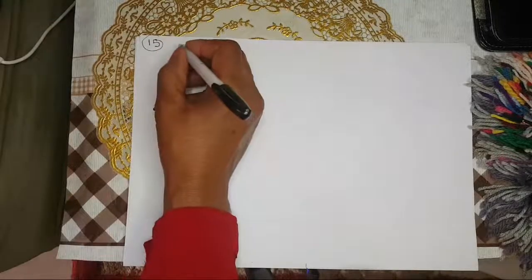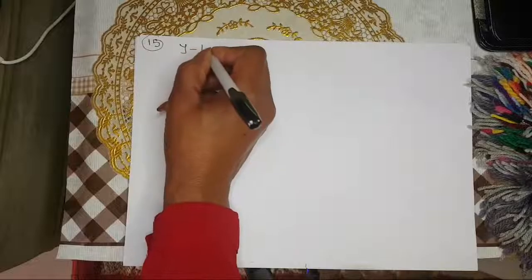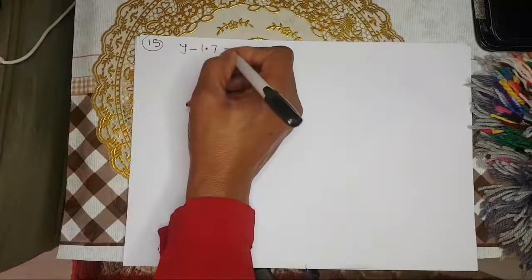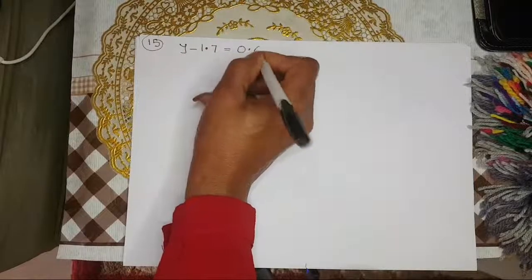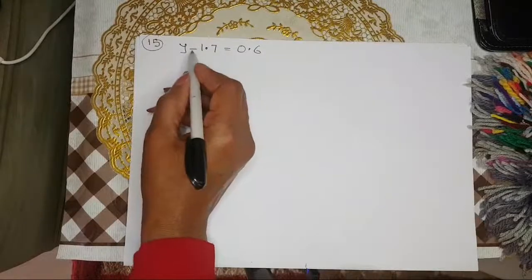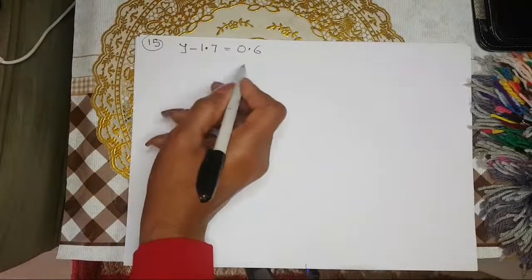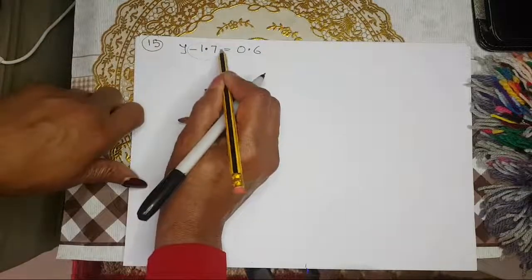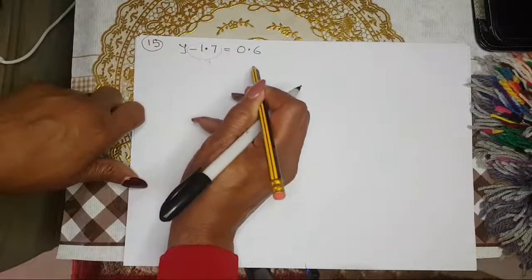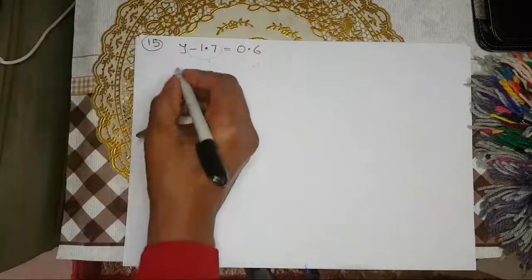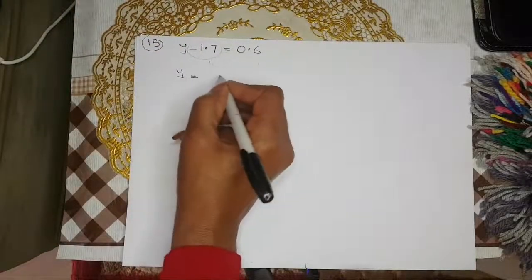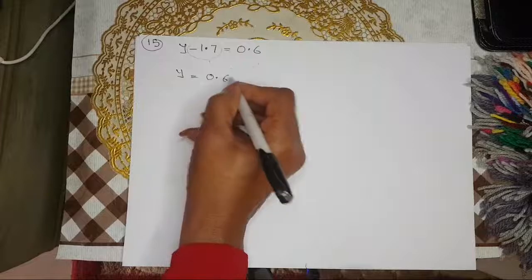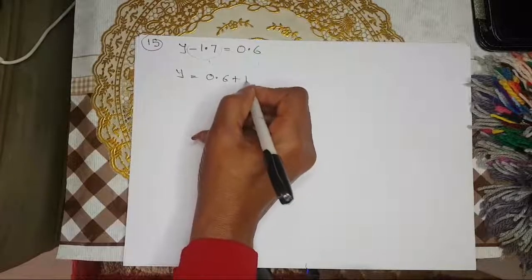You have y minus 1.7 equals 0.6. So this is a negative sign. So when you move all of this over here, the sign will change. It's going to give you y equals 0.6 plus 1.7.